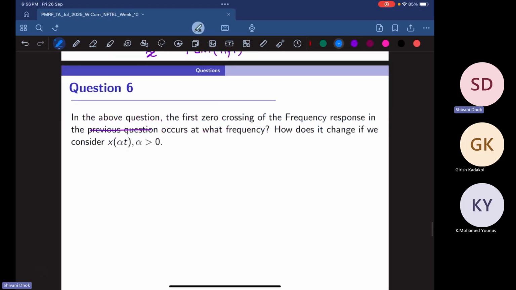So we had x of t equal to rect of t by T, and its Fourier transform we saw comes out as T times sine of pi f T upon pi f T.